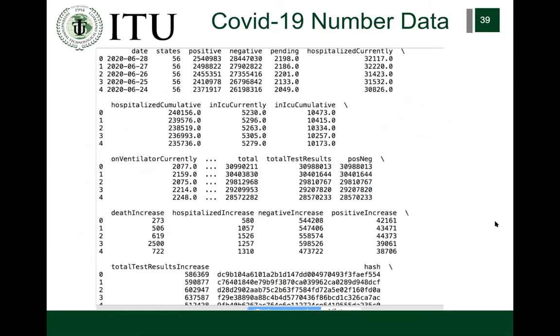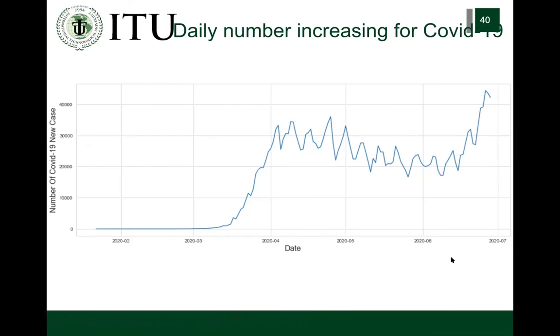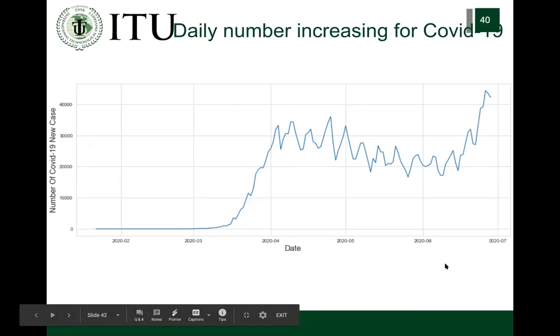And then after we get the approval rate and disapproval rate, we want to know which variables can affect that. Then I chose the COVID-19 number data. I want to use the positive number of COVID-19 as one of my variables, the positive number here.